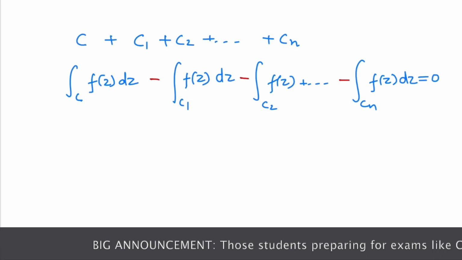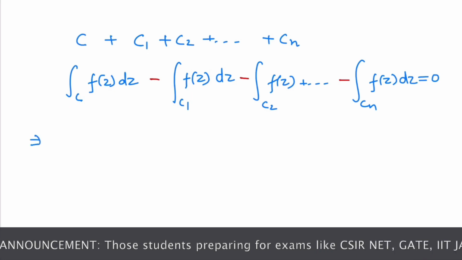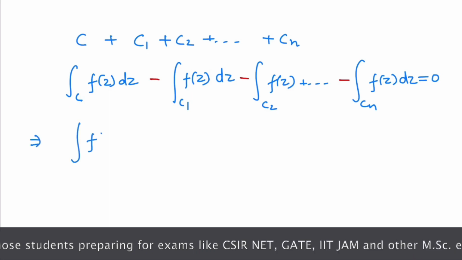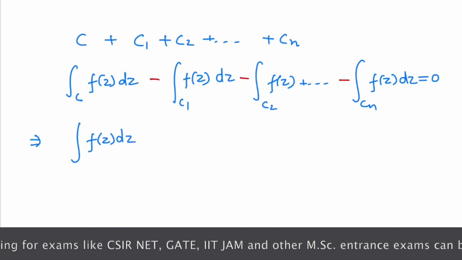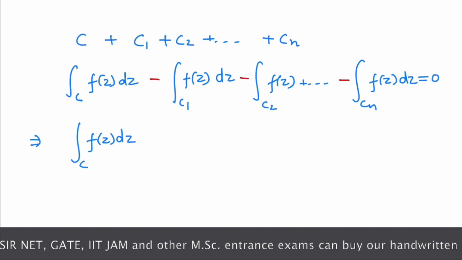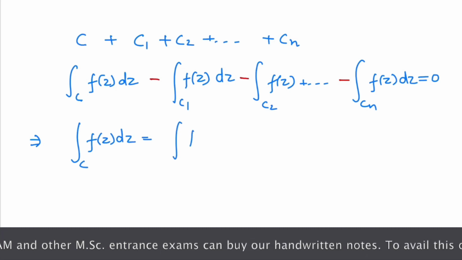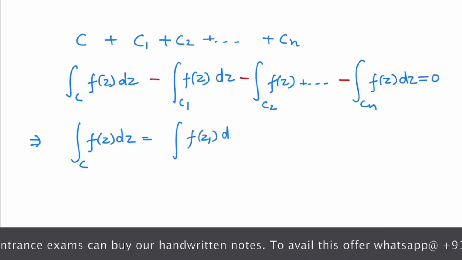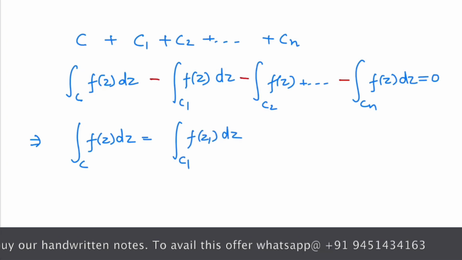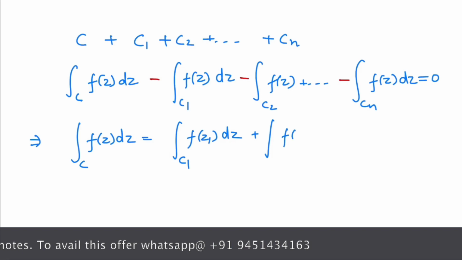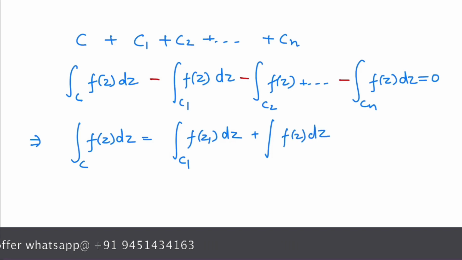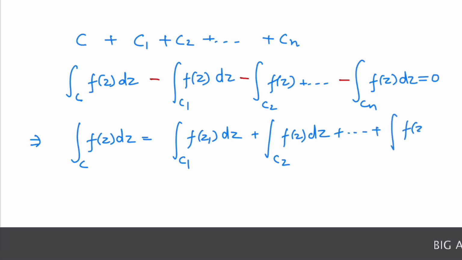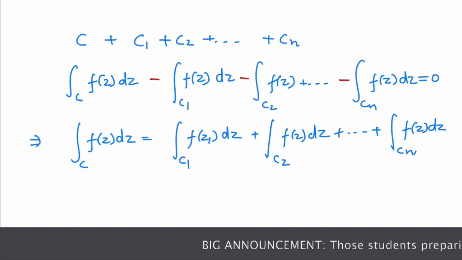Now we can write this integral, the integration of function f of z dz over C, as the integration of f of z dz over C1 plus the integration of f of z dz over C2 and so on, the integration of f of z dz over Cn.